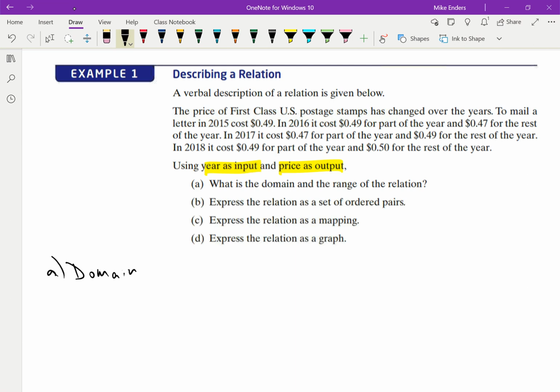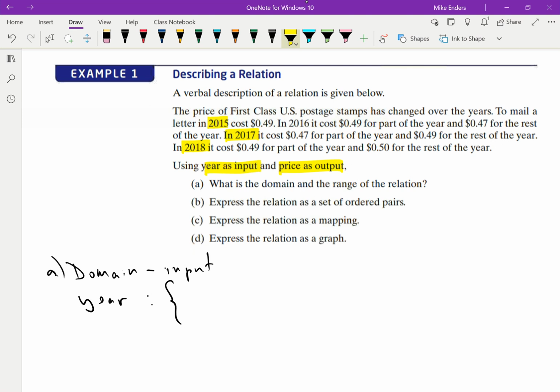When we take a look at our domain, it is all the things that we're allowed to use as input. In this case, our year is going to be our input. And so what are the years? In this case, we have 2015, we have 2017, we also have 2018.